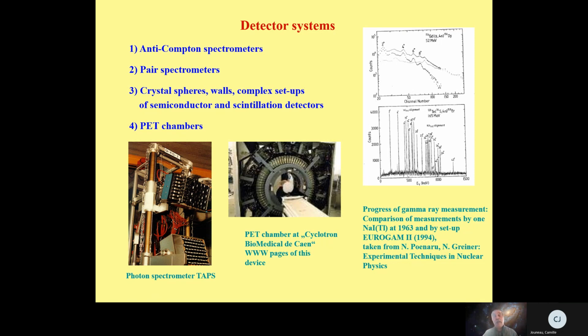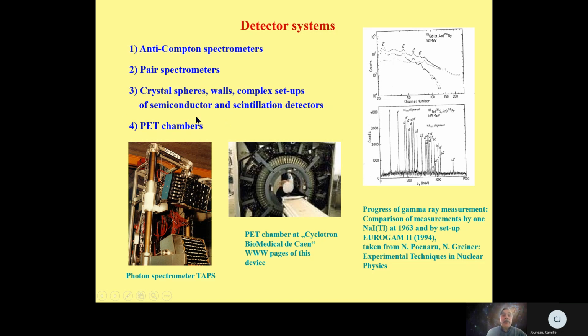For some experiments in particle and nuclear physics, we need to have 4 pi acceptance, and it is necessary to have complete coverage of the angle acceptance. This is for nuclear physics and for research in this region.